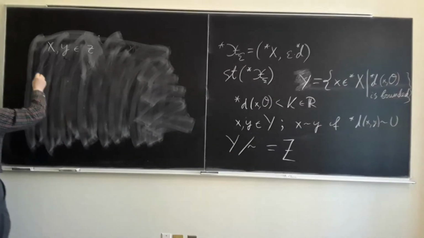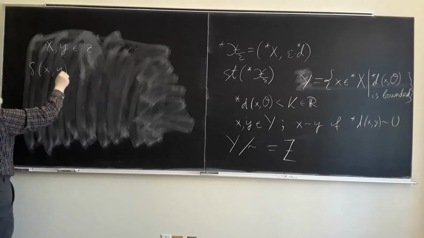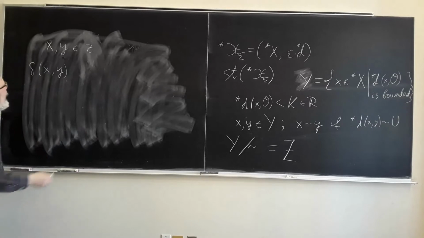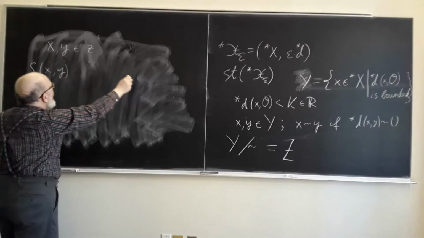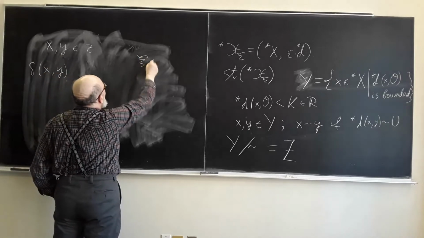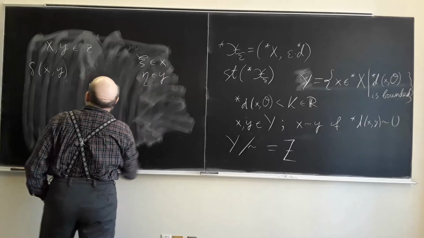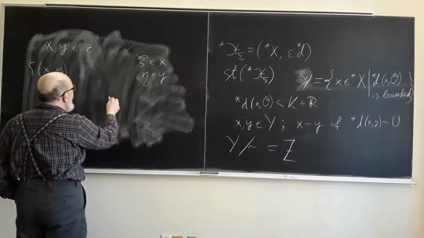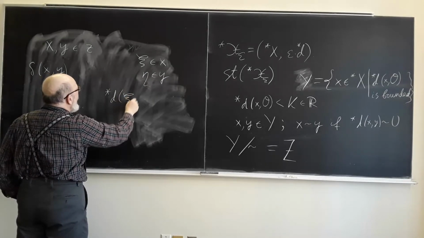I define delta between X and Y the following way. I choose a representative in X, say xi, and in Y, eta, and I consider star d between xi and eta.